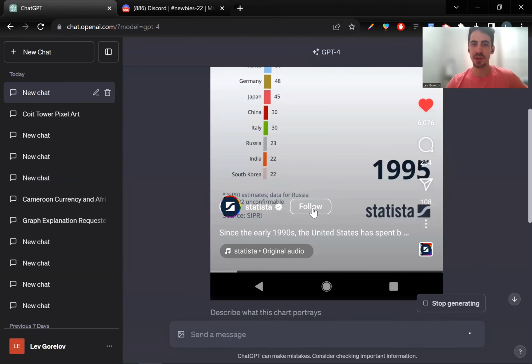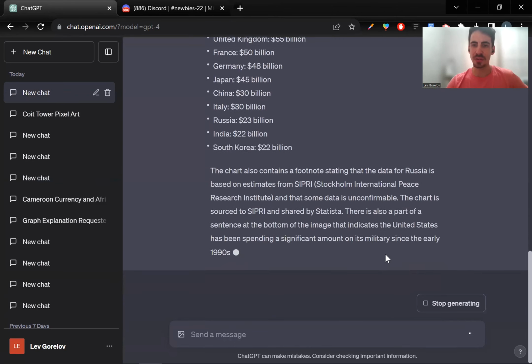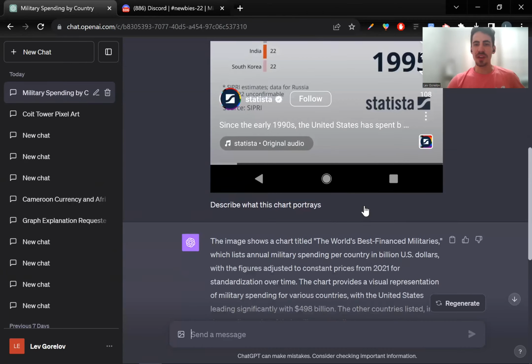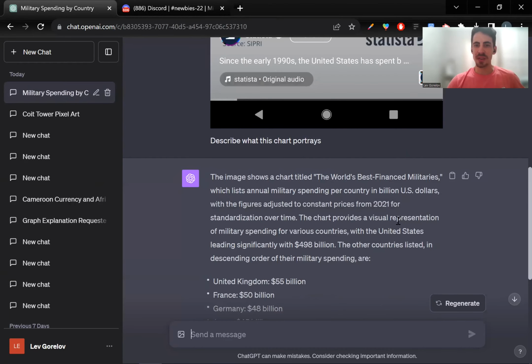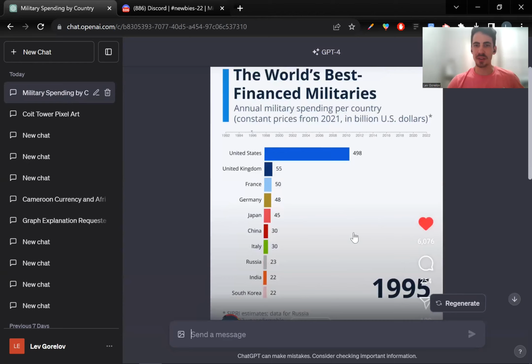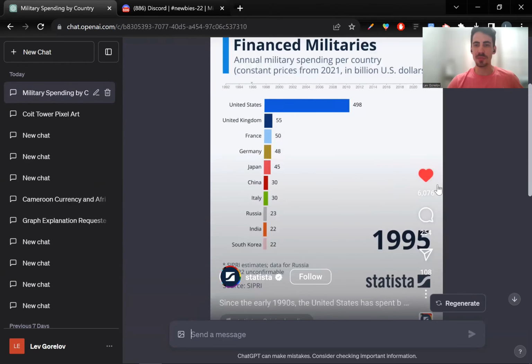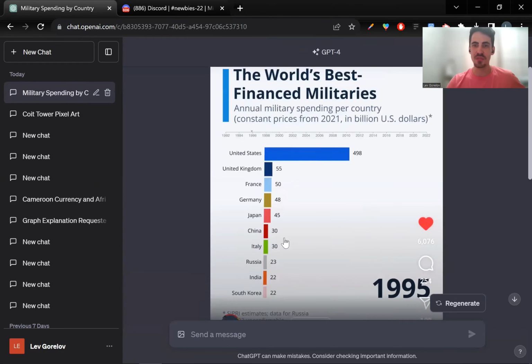Yes, it saw a footnote and interpreted that too. Now, there is one thing that it missed, and that is that this is a chart with information from 1995, which to a reader would probably make sense from the little arrow right here and the big 1995 over here, but this is information from 1995.